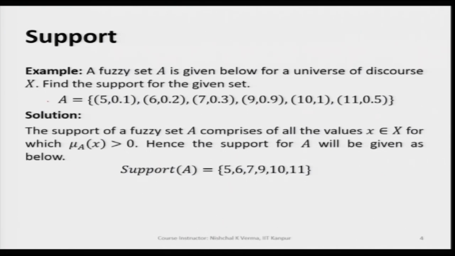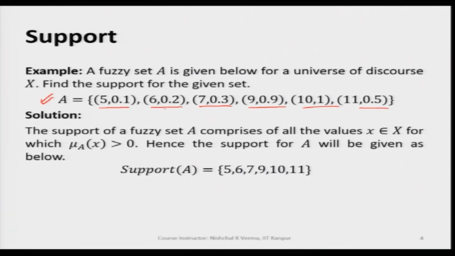So, if we take a fuzzy set here, A is equal to a fuzzy set which includes all these points, where the first element of each pair is the generic variable value, and the second element of the pair is the corresponding membership value.